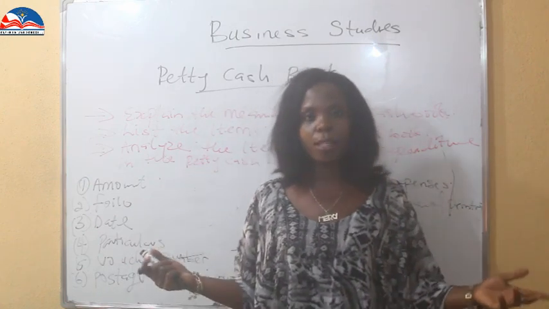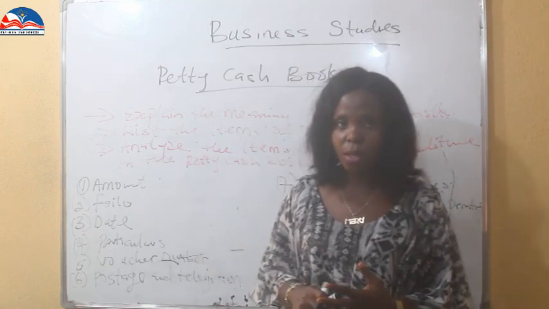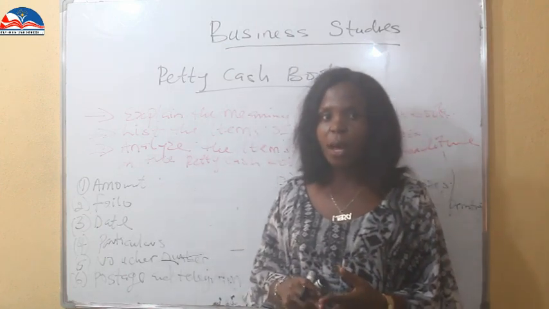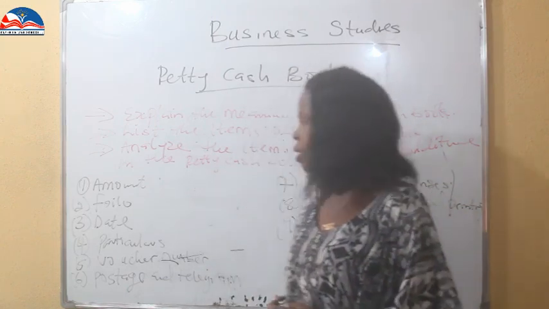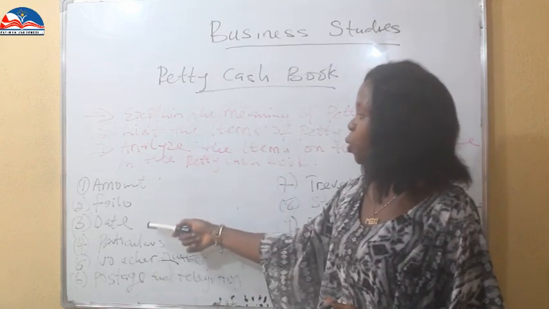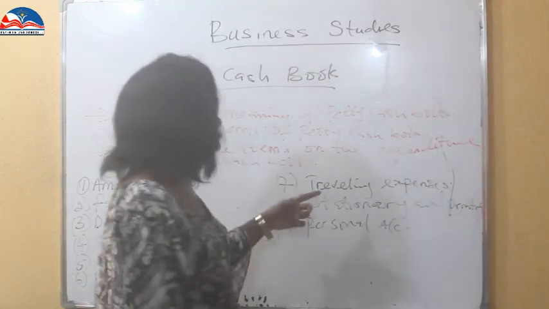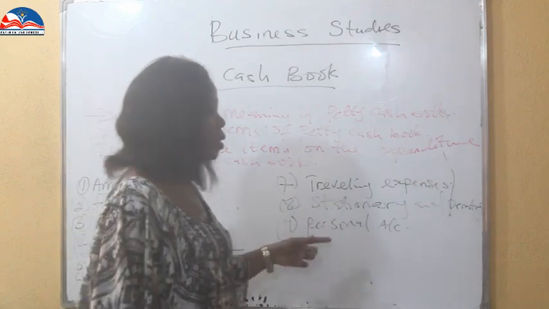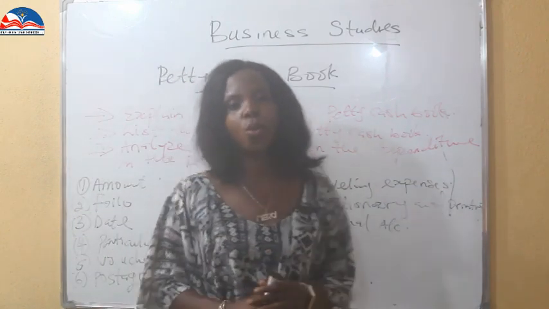If we see other expenditures that are not telegram and stationery, not stamps, not printing, and they appear in other places, they will come under the expenditure side. So we have seen the items: amount, folio, date, particulars, voucher number, postage and telegram, traveling expenses, stationery and printing, then personal account. Now let's go to the next one.